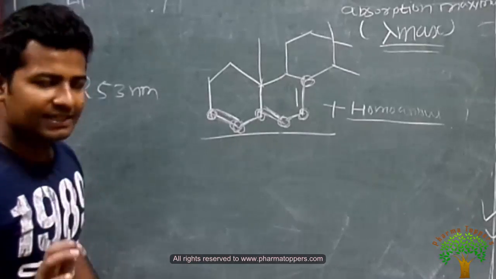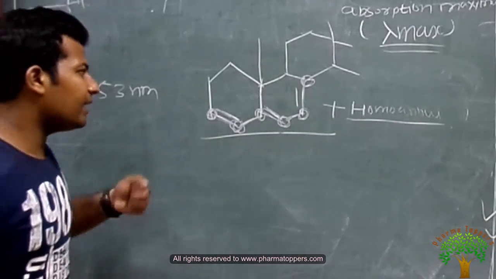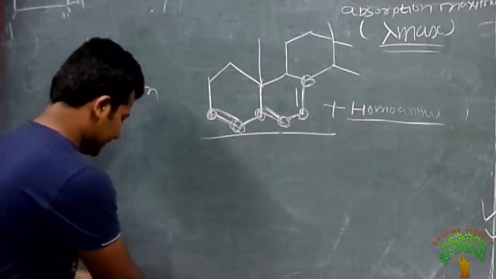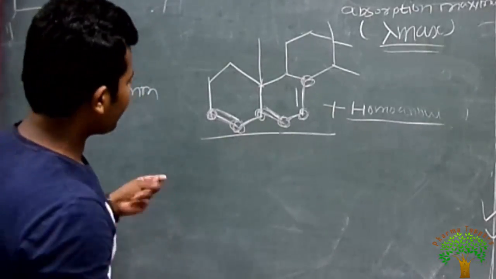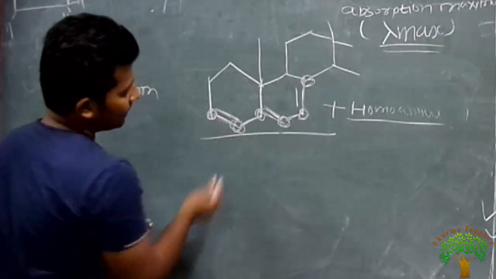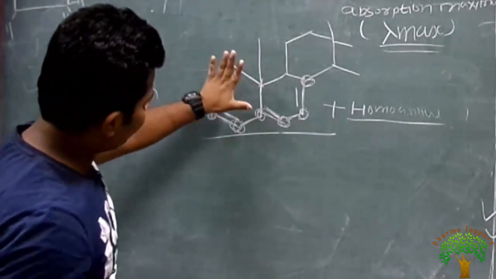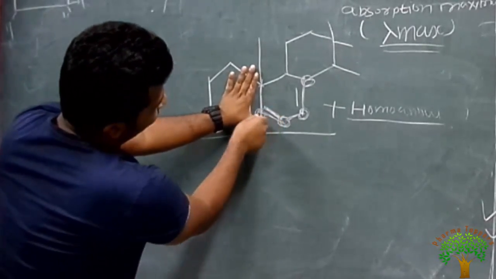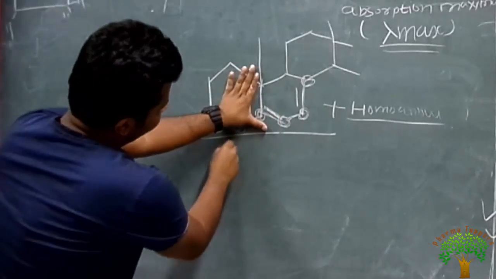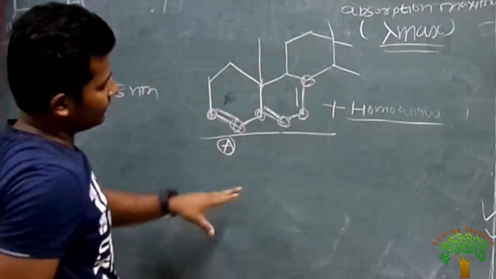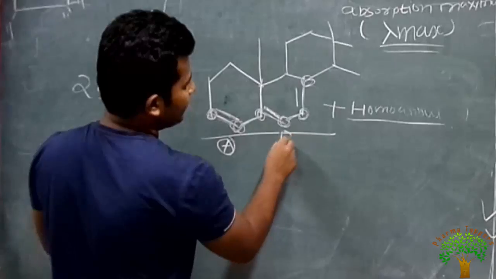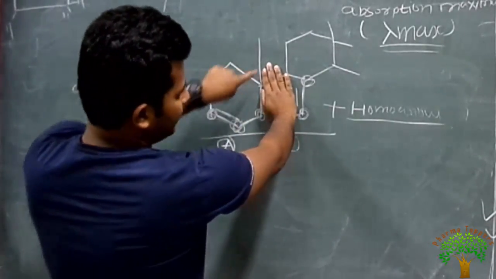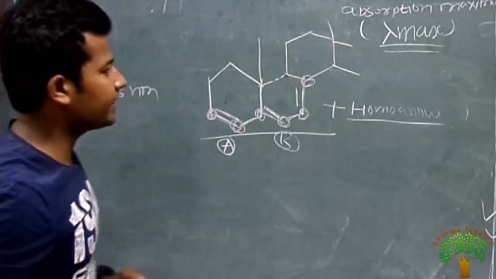Simple. Next, our rule is the presence of any exocyclic double bond to the ring. See this exocyclic double bond. First, see for this A ring: there is one exocyclic double bond. Now see for B ring: for B ring, there is absence of an exocyclic double bond.